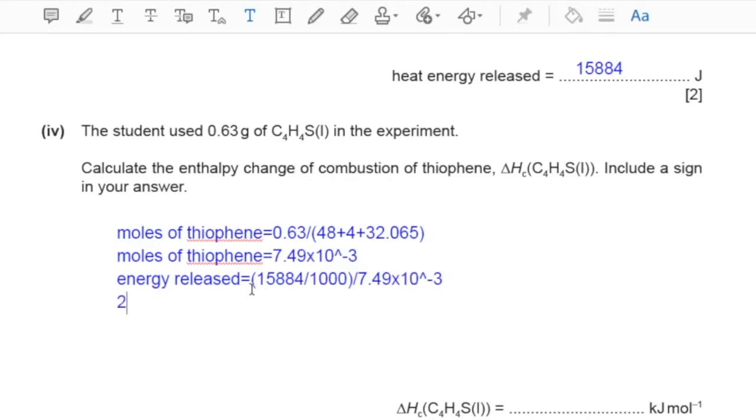And thus you will get 2120.4 kilojoules per mole of energy. They're also asking you to include a sign in your answer. Enthalpy change of combustion is always negative due to the fact that energy is given out. This will be given a sign of negative.